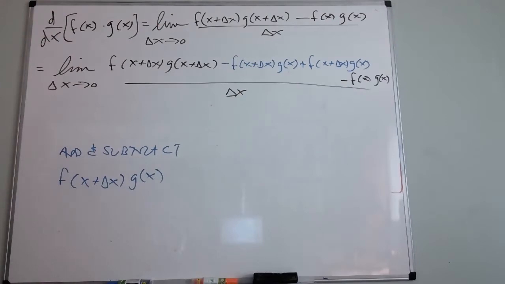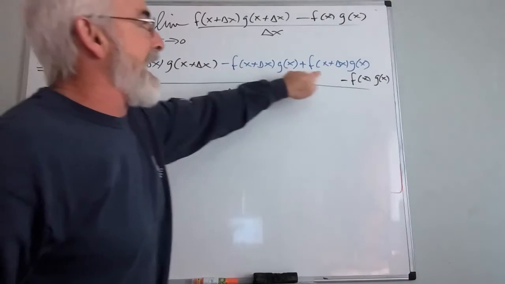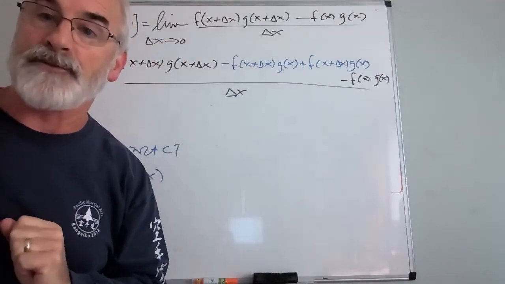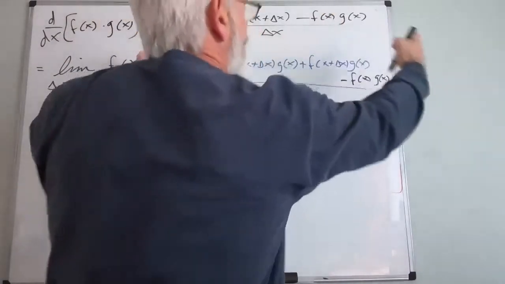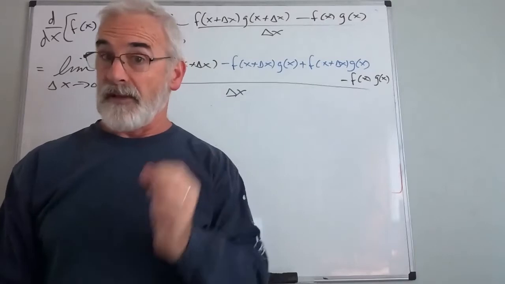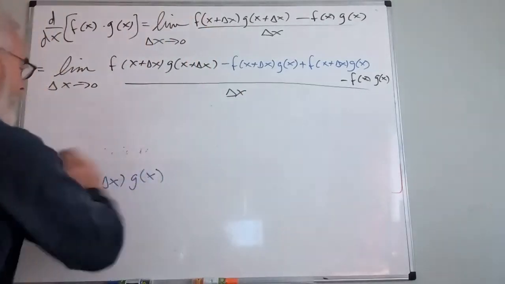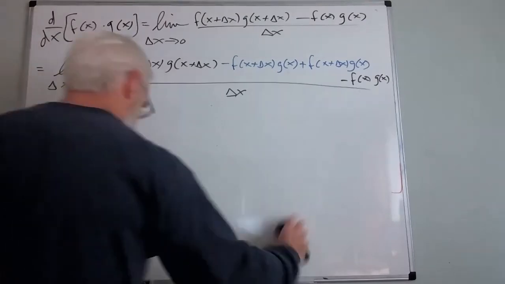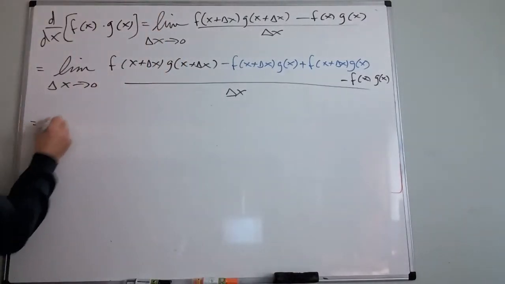I absolutely know that this quantity is equal to this quantity because I added and subtracted the exact same amount to the numerator. But what that will allow us to do now is pull this apart as the sum of two separate limits. Because again, the limit of a sum is the sum of the limits. So we're going to pull it apart, and I'm going to have two different limits here.